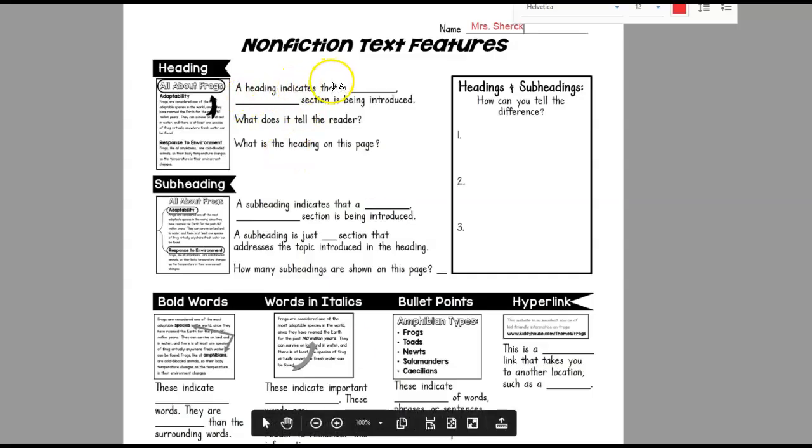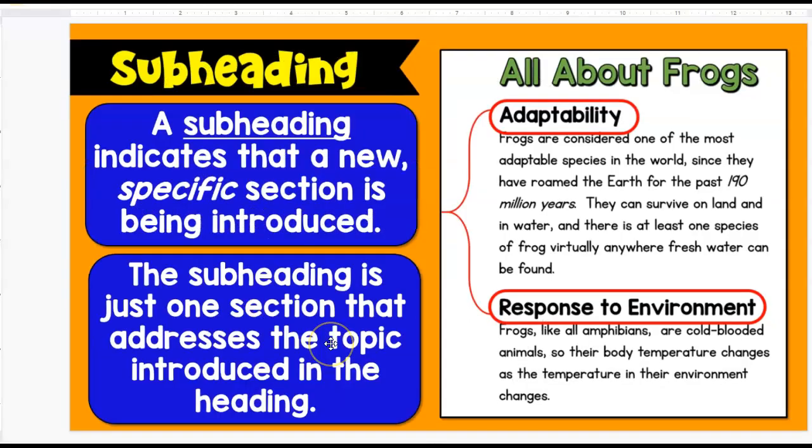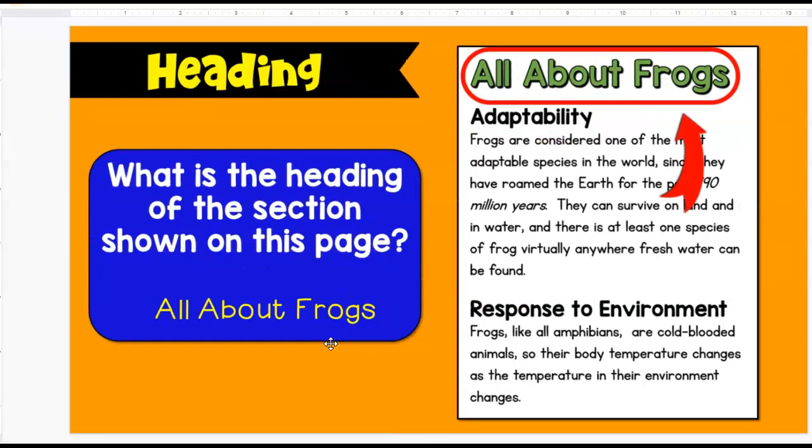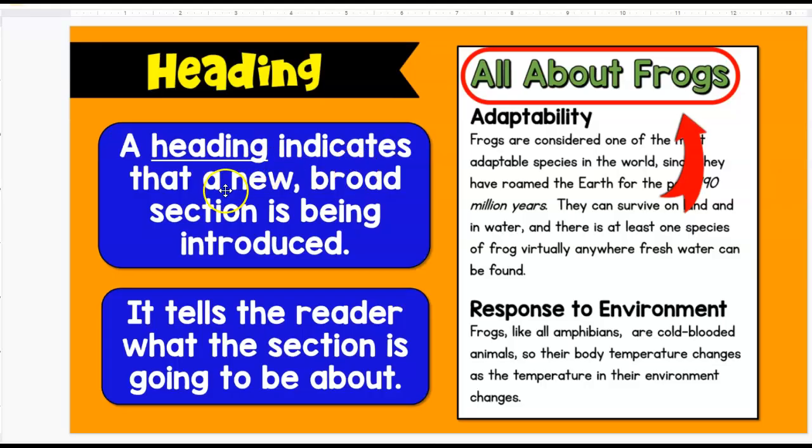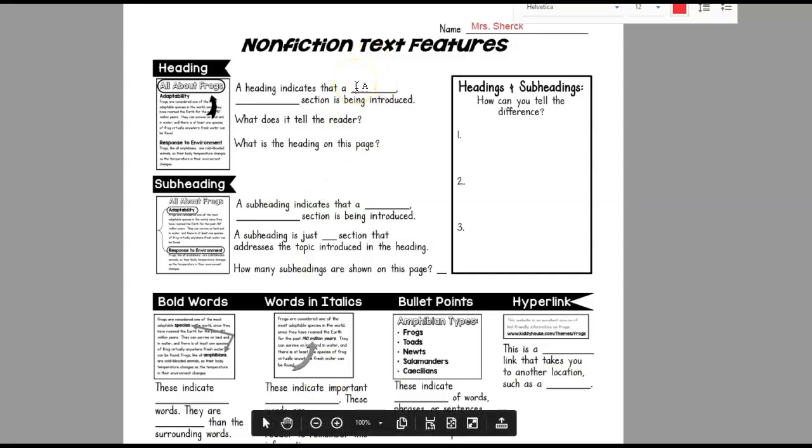A heading indicates that a blank section is being introduced. So if I go back to my PowerPoint and go back to where we saw heading, it says a heading indicates that a new broad section is being introduced. So the word right here is new, and the word right here is broad.